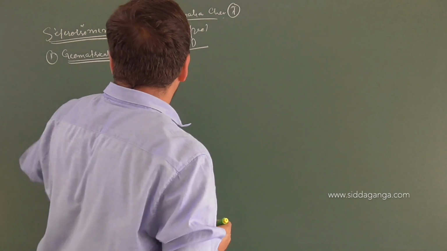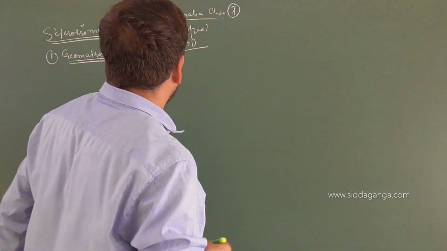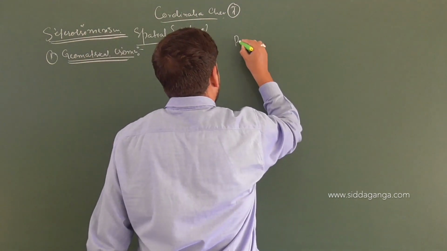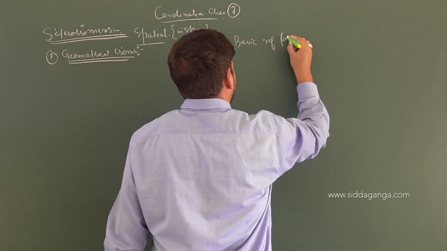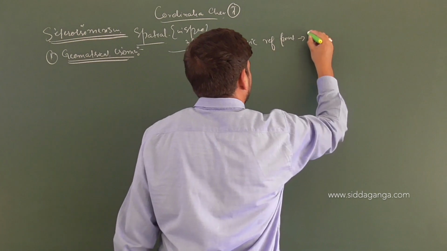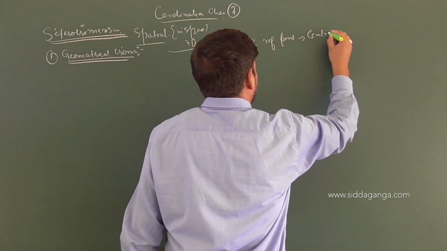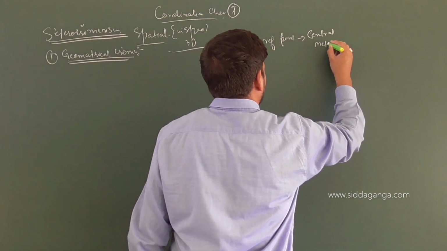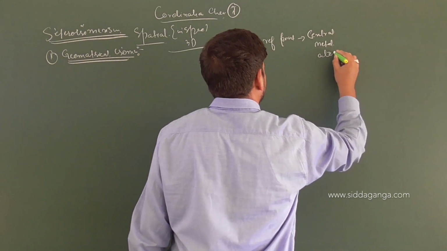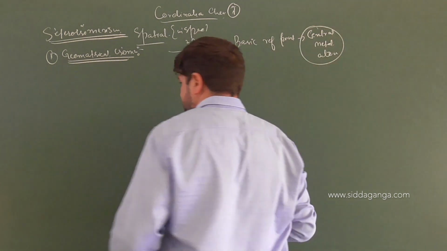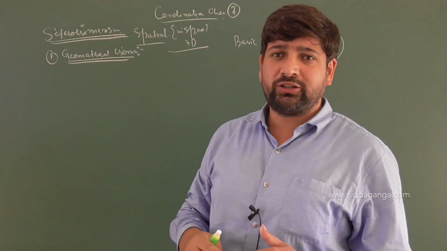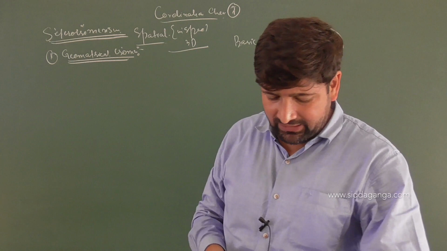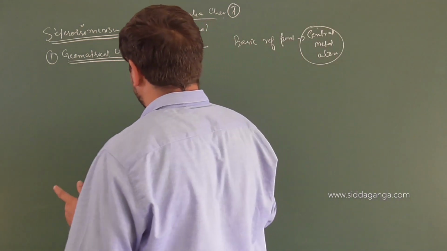So, in case of geometrical isomerism, the basic reference point we have is the central metal atom. This is our basic reference, central metal atom. And with respect to the central metal atom, how are different ligands arranged around each other?